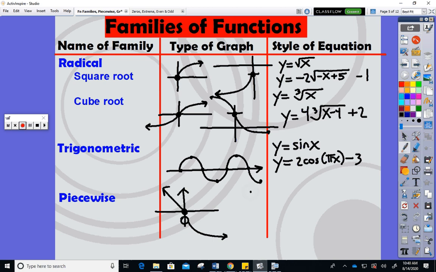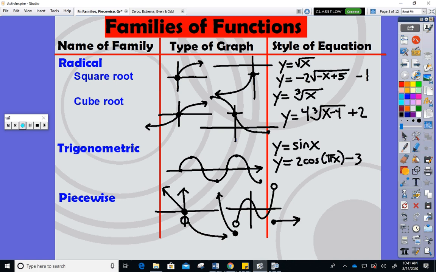Or one piece of the graph might be part polynomial, and I'll make that end with a closed or an open circle. One piece of the graph might be part constant, and one piece might be, I don't know, we'll say part quadratic. All right. You can clearly identify the individual pieces of the graph as something we've already talked about.